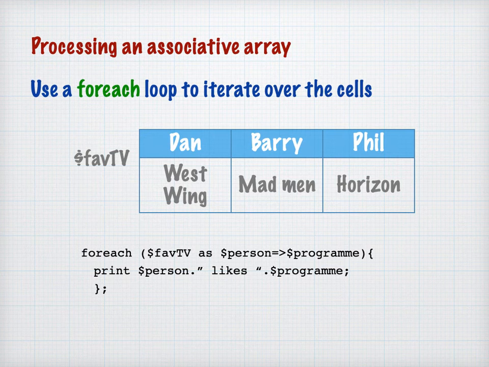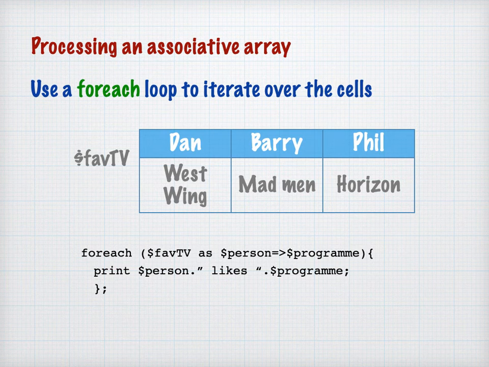So this piece of code will run, and as we progress through the structure, person and program will take on the values of the label and the contents of the box. So the first thing would happen, we get Dan likes West Wing, then we'd get Barry likes Mad Men, then Phil likes Horizon. Person and program would have their values changed as we processed our way through the associative array.